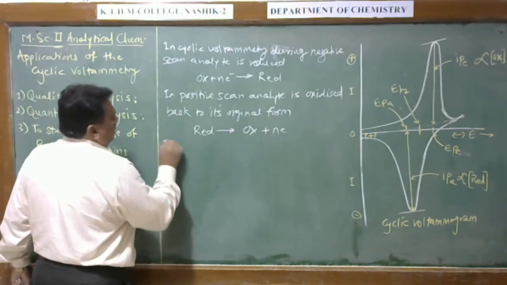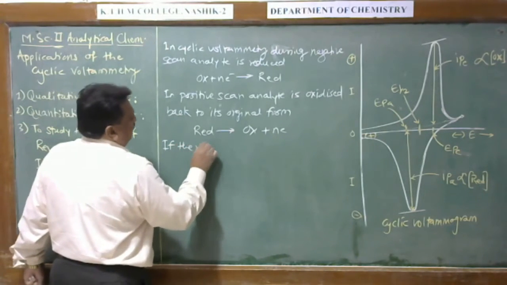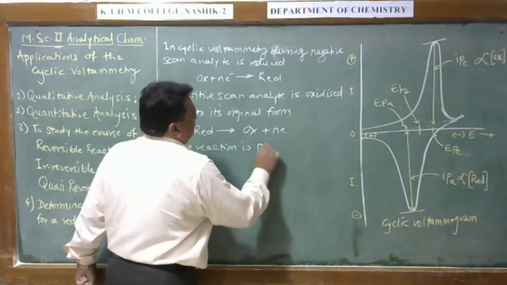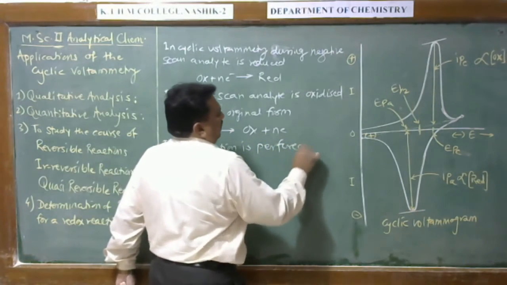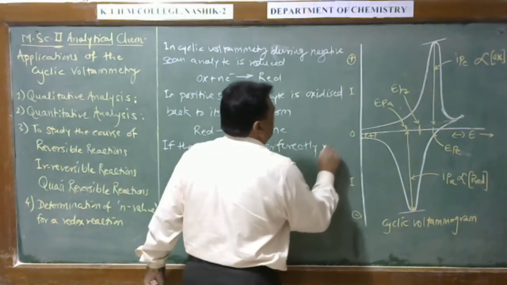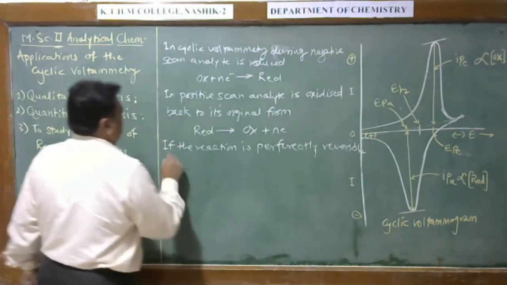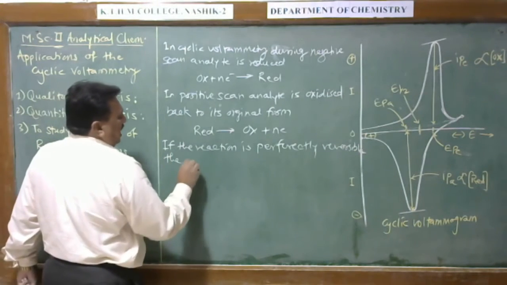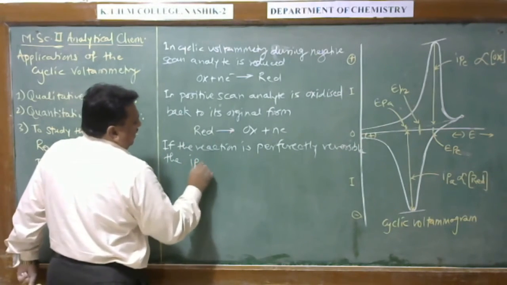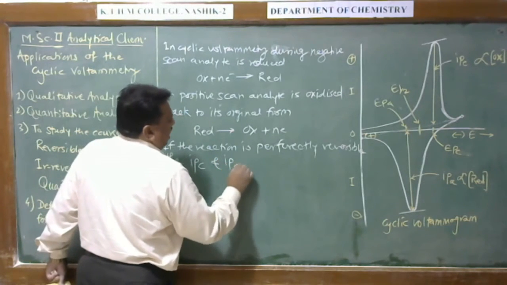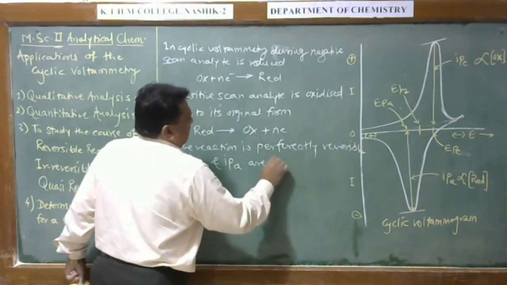Here, if the reaction is perfectly reversible, then the cathodic peak current and anodic peak current are exactly the same.